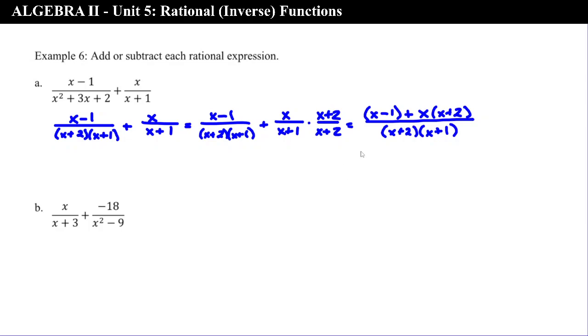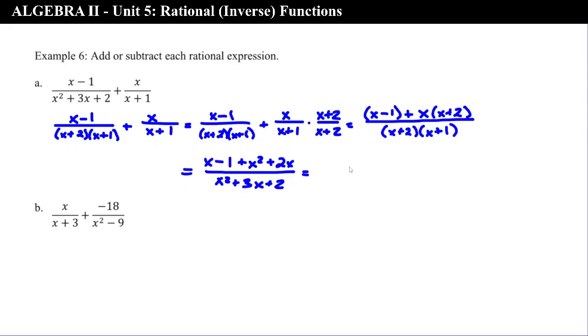So, we have, let's come down here, x minus 1 on the top. Then we've got plus x squared plus 2x, and then on the bottom we can go ahead and expand this fairly easily because x plus 2 times x plus 1, we factored that already from this, so that's just x squared plus 3x plus 2.